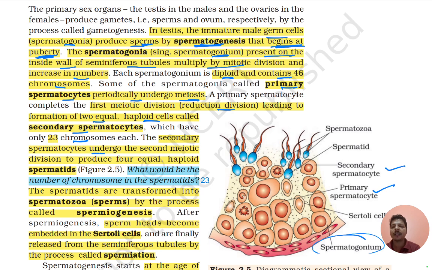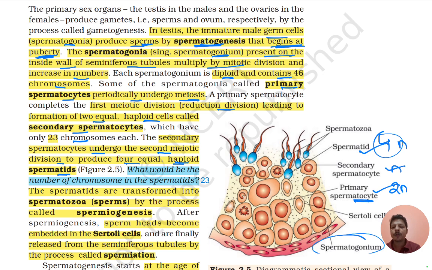The secondary spermatocyte undergoes the second meiotic division to produce 4 equal haploid spermatids. So one primary spermatocyte produces 4 spermatids. It is diploid, then secondary haploid, and here also haploid.